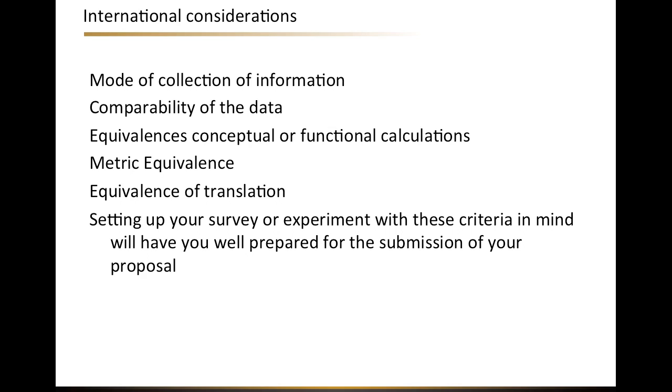It's effectively a double process, but it means that you can be relatively sure, or certainly more sure than you would have been beforehand, of communicating the type of message that you wish to communicate. If you set up your survey or experiment with these criteria in mind, you'll be well prepared for the submission of your proposal.